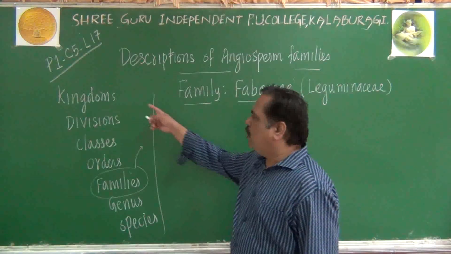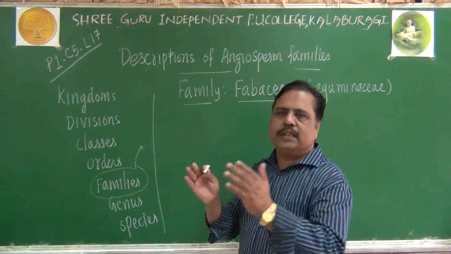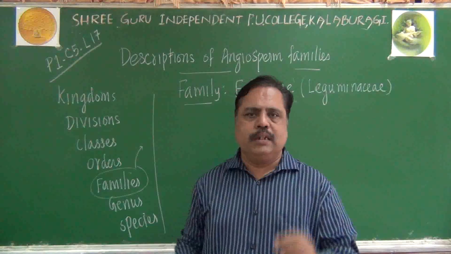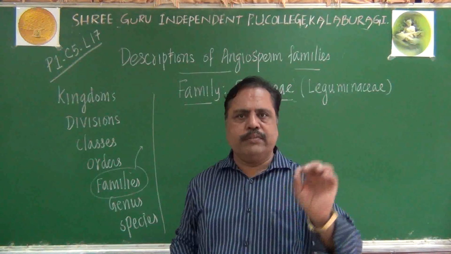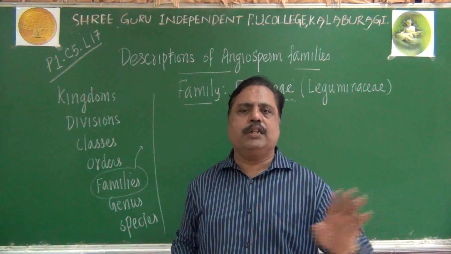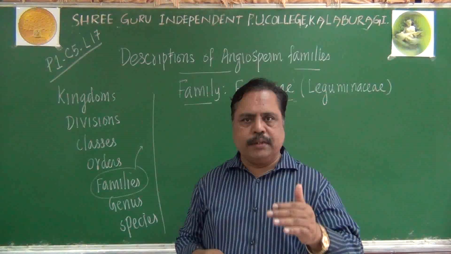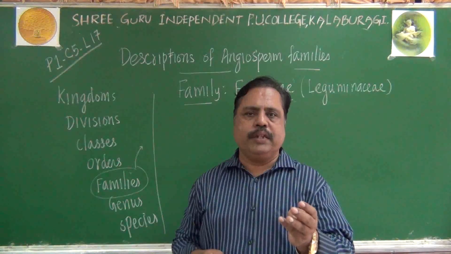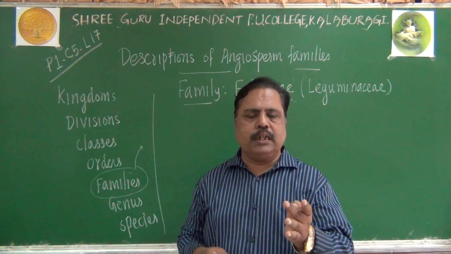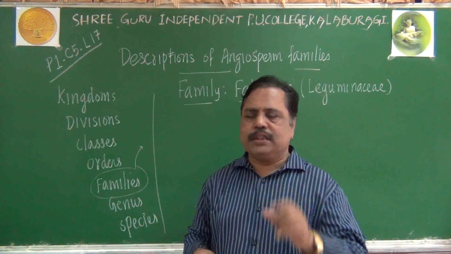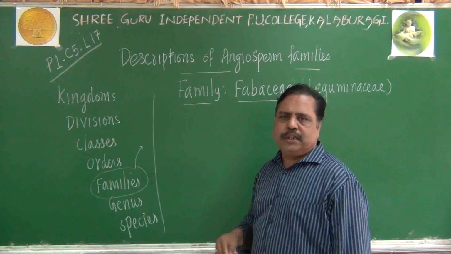First I will tell you about the kingdom and division. It's a taxonomical position. Taxonomy means the branch of biology involved in identification, nomenclature and classification of living things. That branch taxonomy we are going to study.